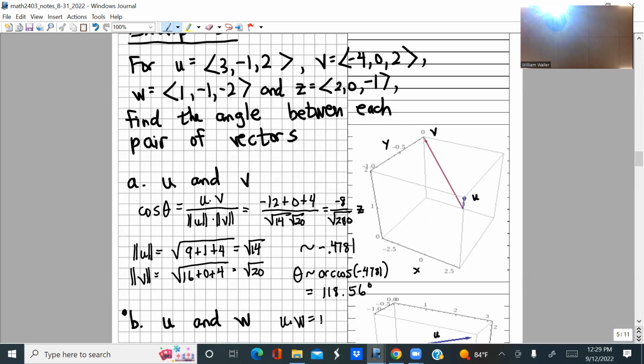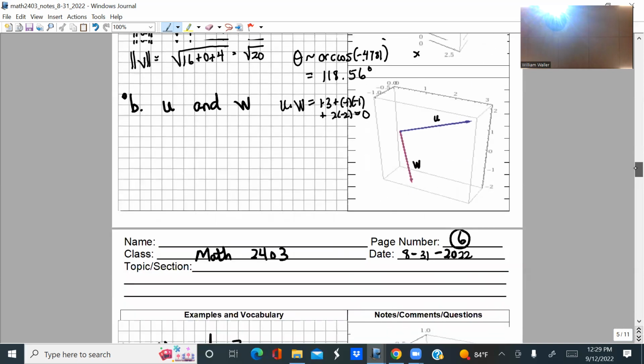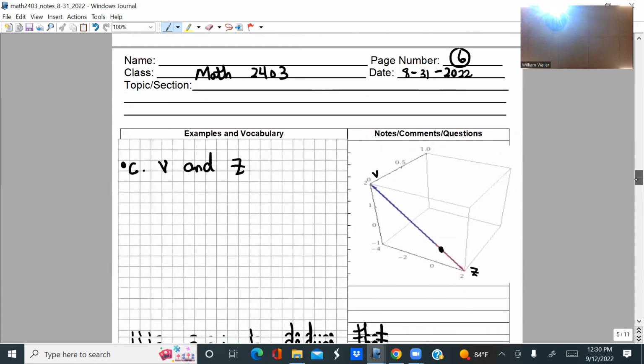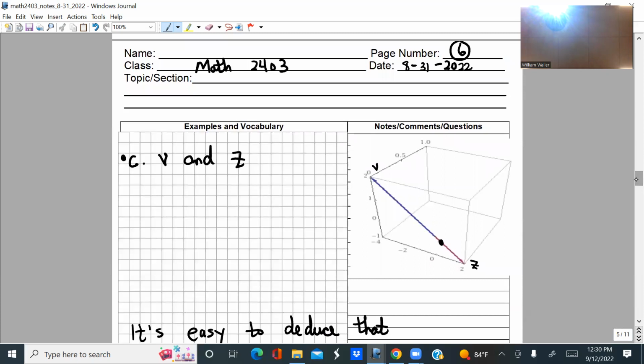So it's 1 times 3, right? And then plus a minus 1 times a minus 1, and then plus 2 times a minus 2. So indeed, that all adds up to 0. So that picture is pretty accurate there. Those vectors are perpendicular, and these vectors appear to be parallel.